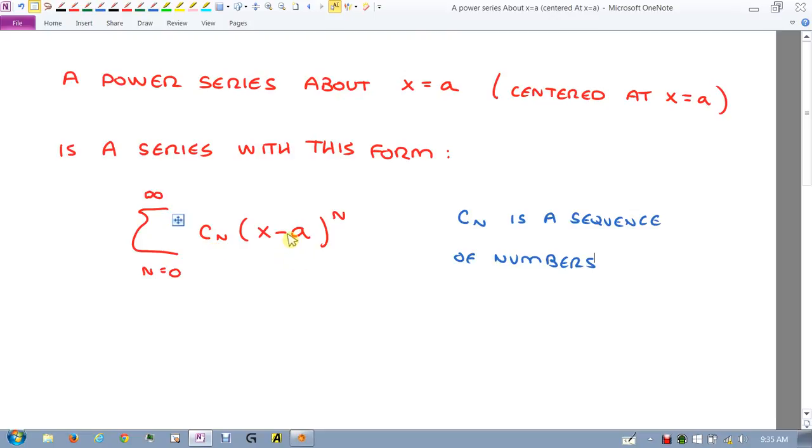And then what we have is a linear expression in x, don't we? X minus a. That's a linear expression in x, but raised to the nth power. So if n is 0, what is this right here? If n is 0, that's just 1, right? And then we would have c sub 0, which would be some number in front of 1. Then we go to n equals 1. When n is 1, we'll have some other number, and then we'll have x minus a to the first power, which will be just a linear expression.